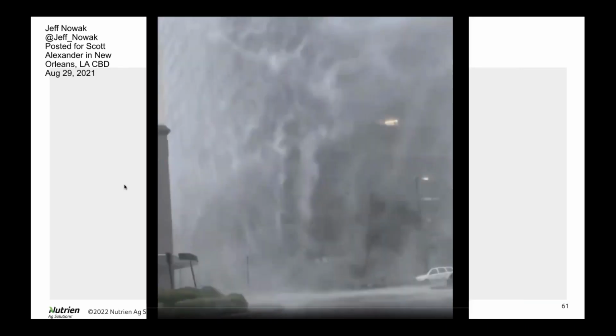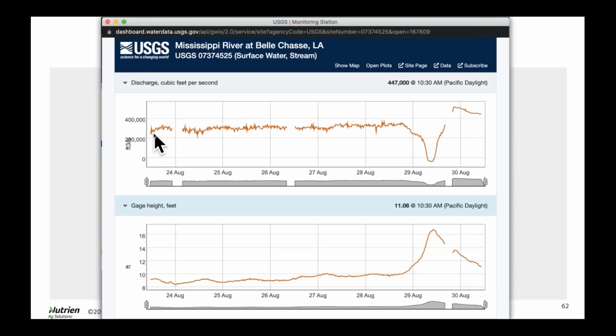But that powerful hurricane, look at this graphic, stopped the Mississippi. Normally, the Mississippi River will discharge at a rate of around 350,000 cubic feet per second. But when Ida came in, Ida's winds pushed against the river and for a few hours forced the river to go backwards.